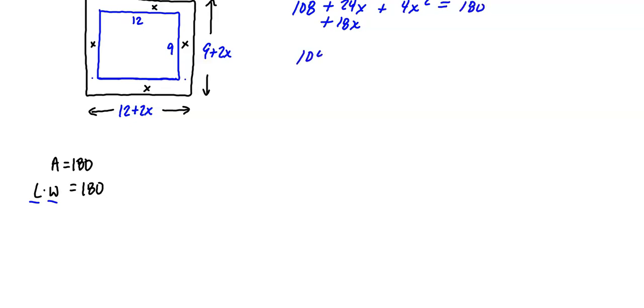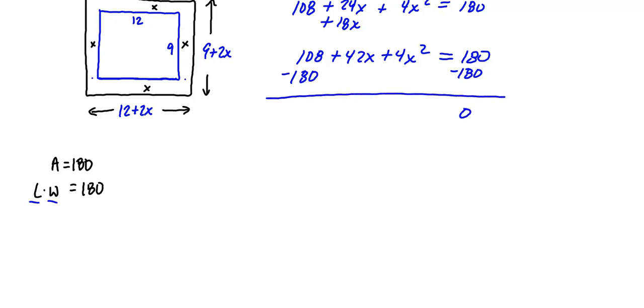So that's 108 plus 42x plus 4x squared equals 180. Now I can subtract 180 from both sides because I want to set this thing equal to 0. So subtract 180, subtract 180, and I get 0. And I'm going to write this in normal order. 4x squared, descending order, plus 42x minus 72.